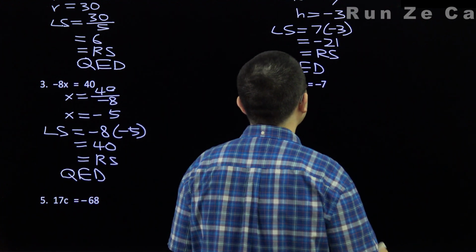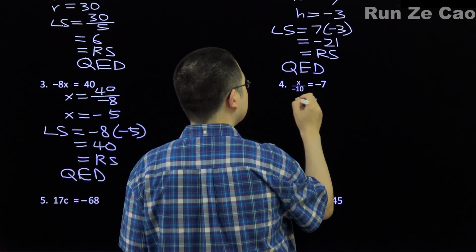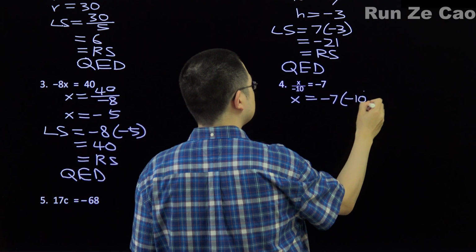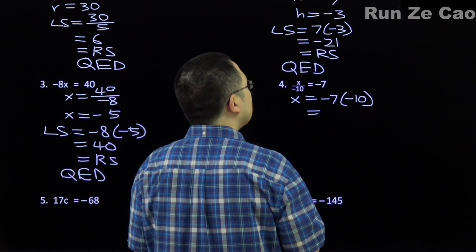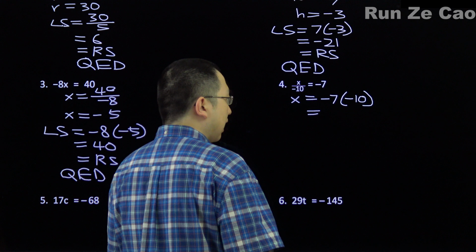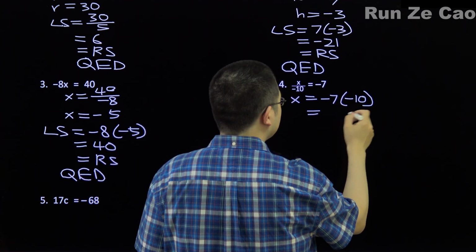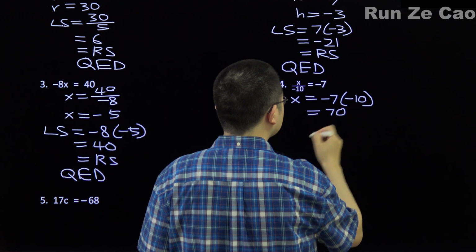And x over negative 10 equals negative 7. X equals negative 7 times negative 10. So negative 7 times negative 10, the negatives cancel each other out, and therefore 7 times 10 is 70.